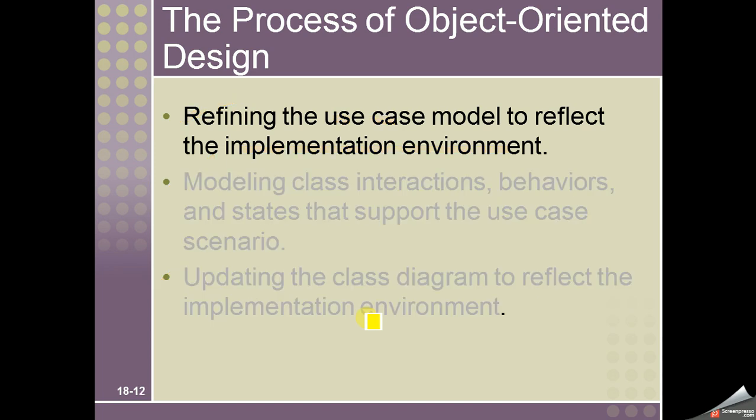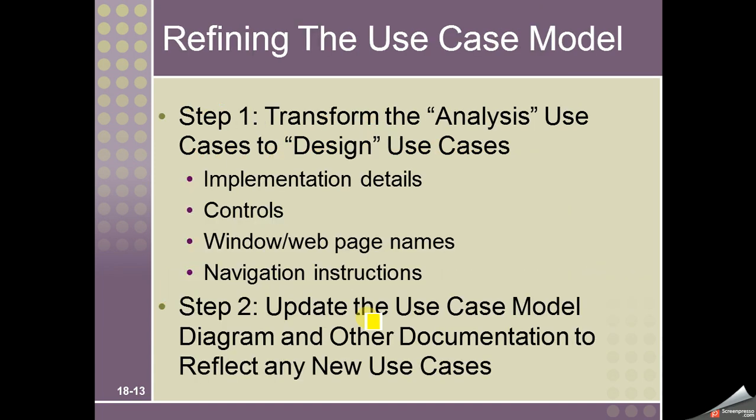So first of all, the use case model. The first step is to transform the analysis use case to a design use case. How? We need to add the implementation details. We'll see one example inshallah. So we have all detailed information about how the use case will be implemented: different kinds of controls, the user interface components, windows, web page names, navigation instructions, how the messages are passing between the different classes, right?